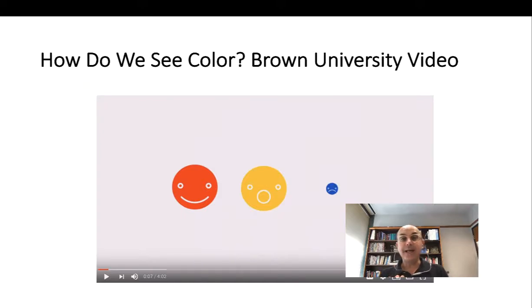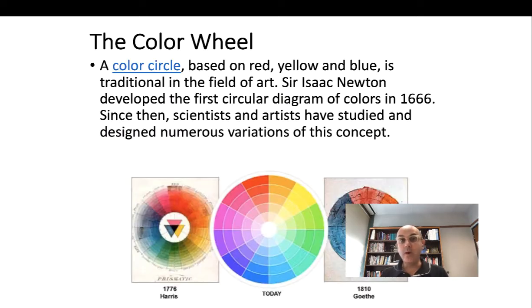So this is a great video from Brown University on how we see colors. I highly recommend that you watch this video because it's really all about our perspective and what we actually see.